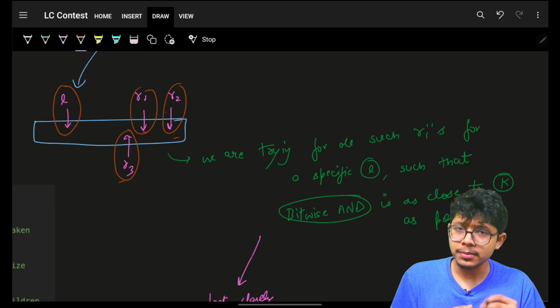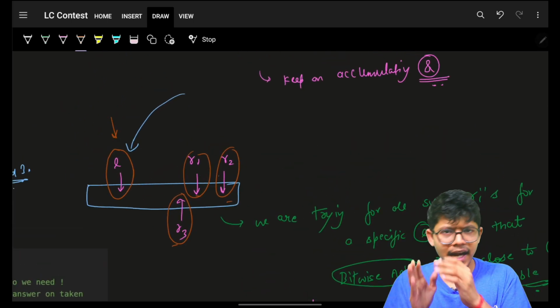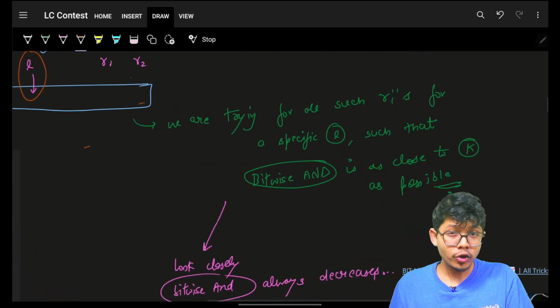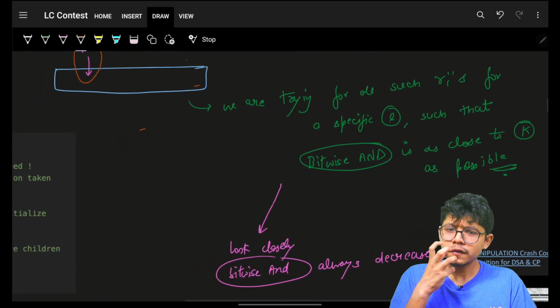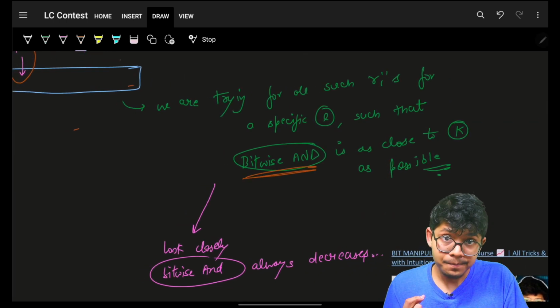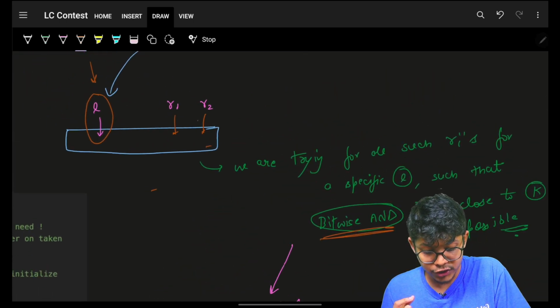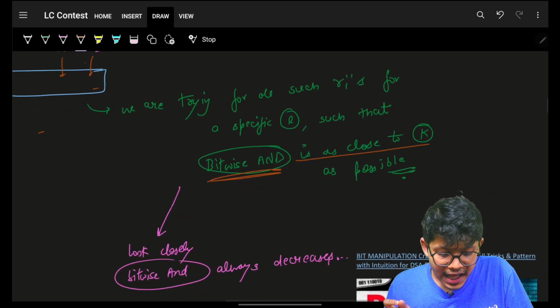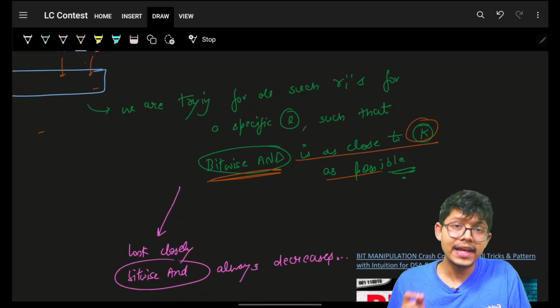I have to remove something. Let's imagine that I'm taking L and I want to get rid of all these R's. To do that, I first have to understand what I wanted. I wanted my bitwise AND for the specific R to be as close as possible to my number k, from that L to R.